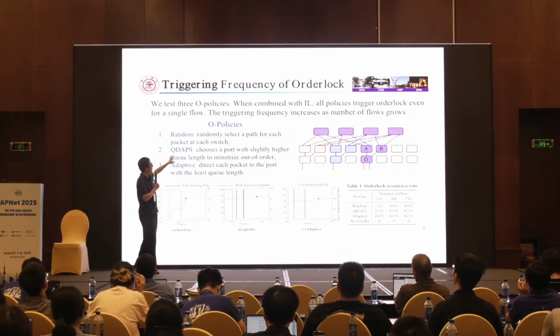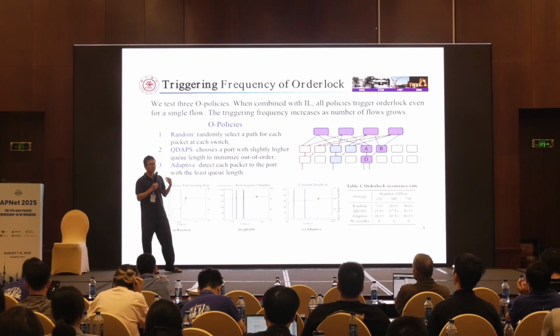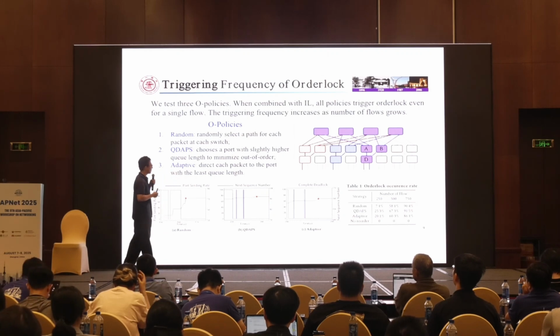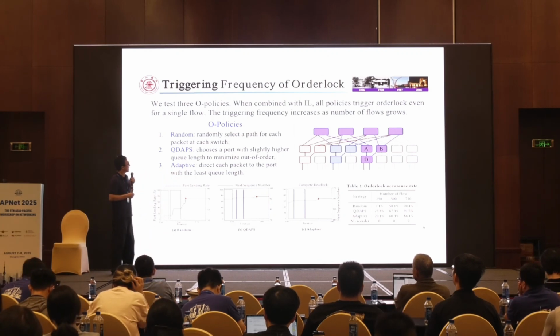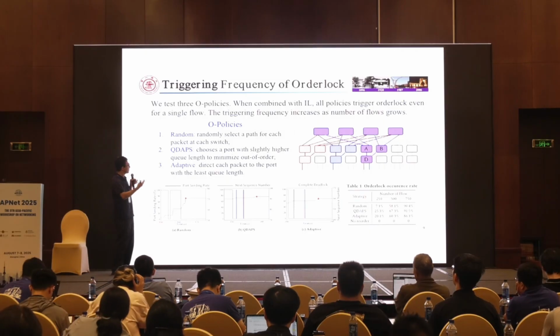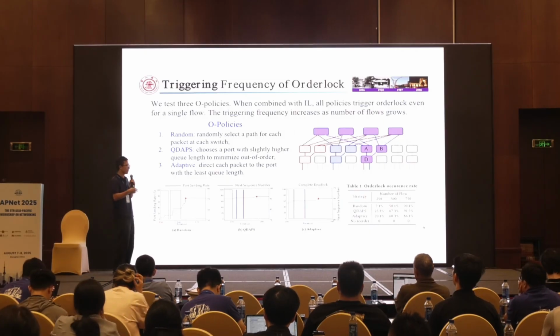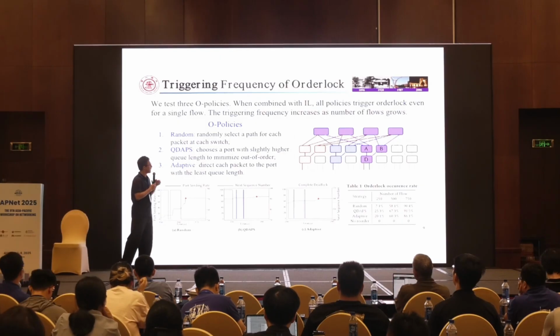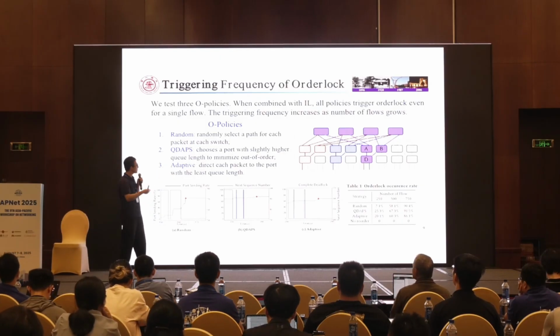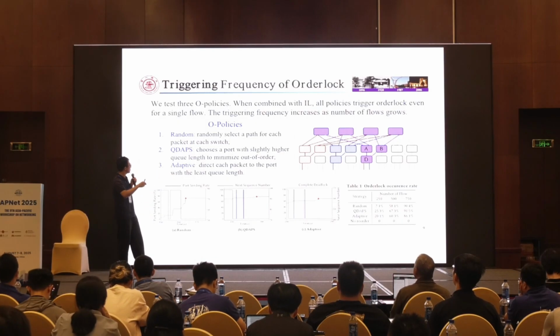QDAPS chooses an outgoing port with slightly higher queue length to minimize the out of order level of the sequence. But unfortunately, it still leads to a pretty high out of order level. The third approach is adaptive routing. We always send the packet to the port with the least queue length.